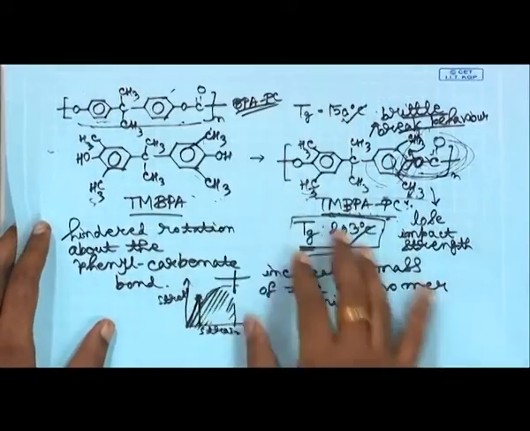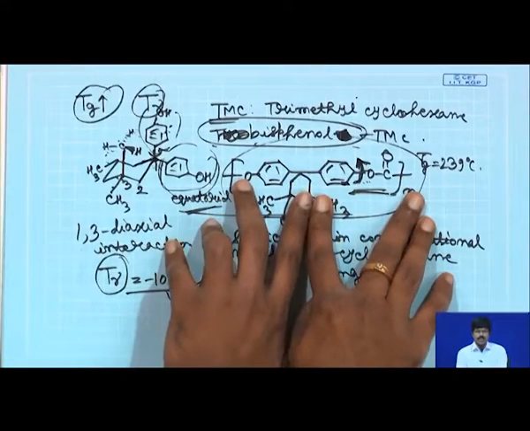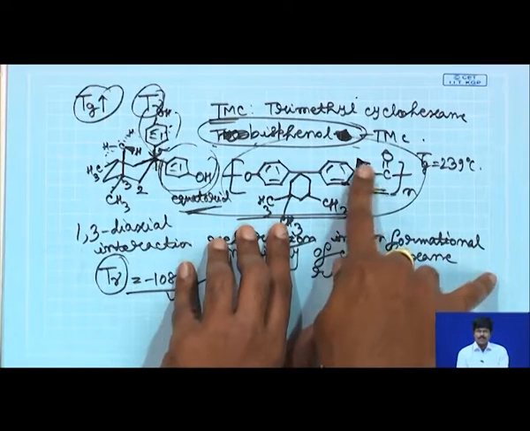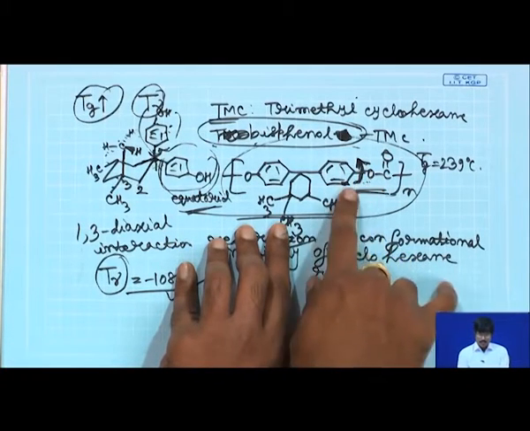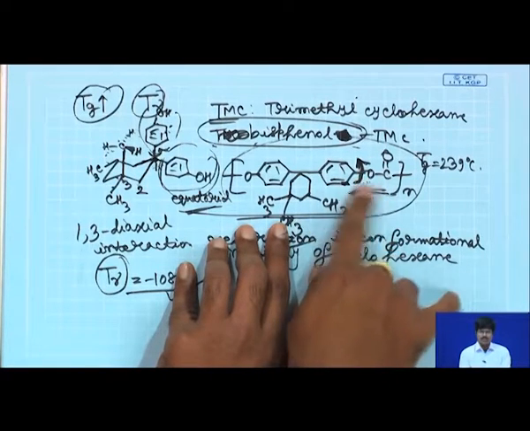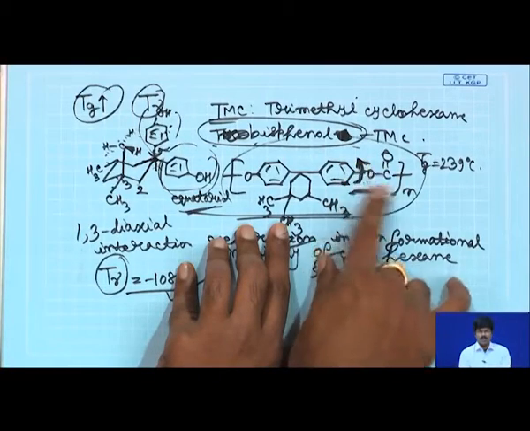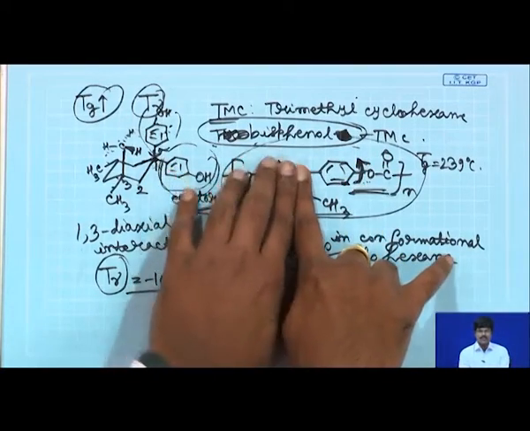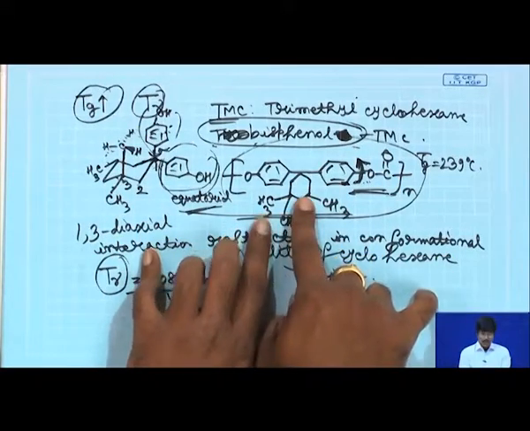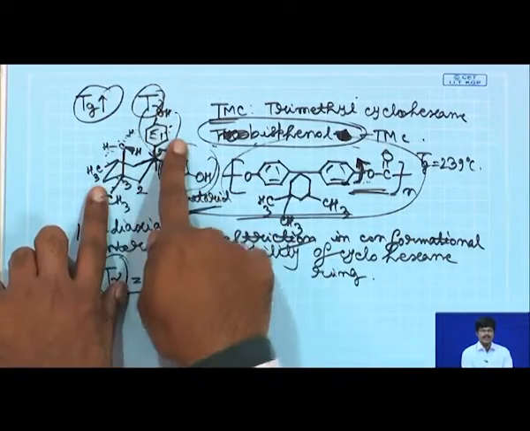So, in order to solve this problem, we can rigidify the main chain to increase the thermal stability, but do not try to hinder this rotation around the phenyl carbonate bond. If you do not hinder this rotation, then your T gamma, or the gamma relaxation temperature, remains relatively unaffected, but your Tg increases tremendously because of the restriction of mobility of this cyclohexane ring plus the restriction of this phenyl ring rotation because of this 1,3 diaxial interaction.